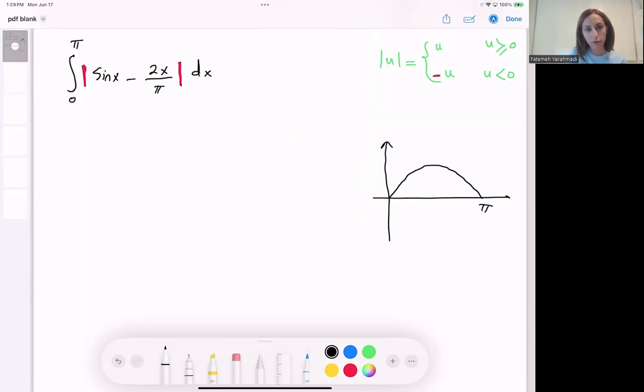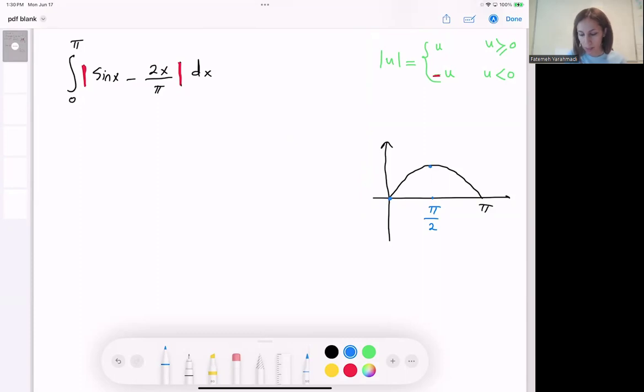Well, the other function is 2x divided by pi. Forget about this negative sign. Just focus on 2x divided by pi. This is just an increasing line. At 0, you have 0, but if you plug in pi over 2 into the line, 2 over pi times pi over 2, it becomes 1.